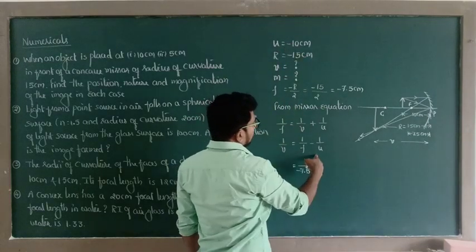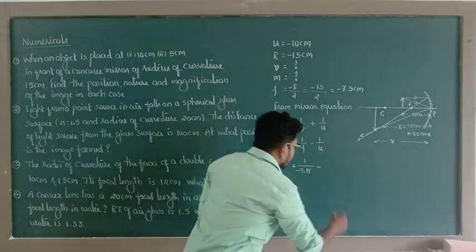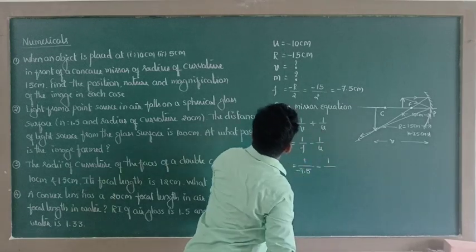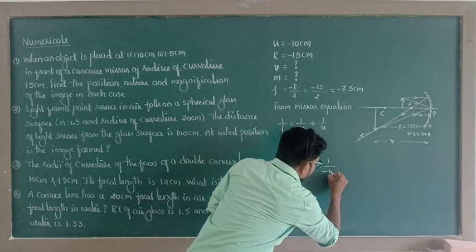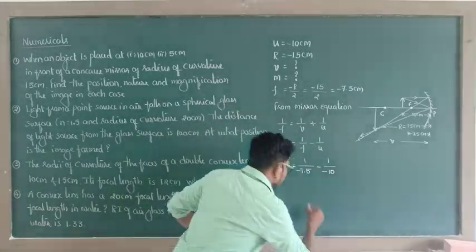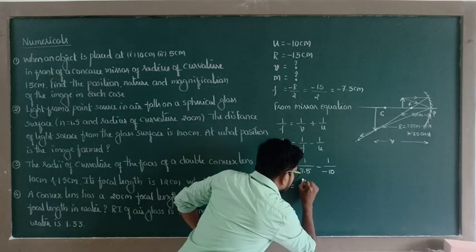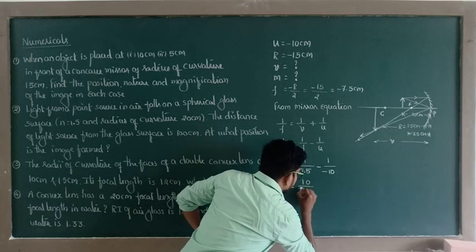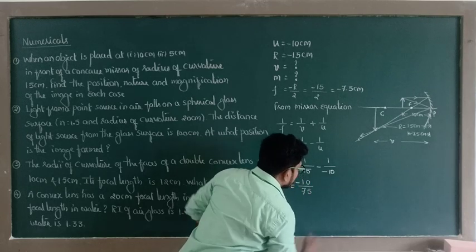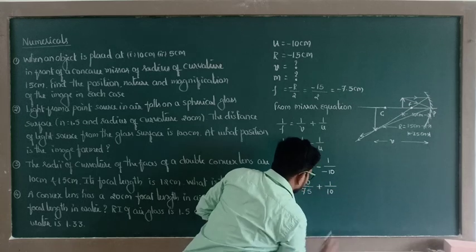So u is minus 10 centimeter, and minus into minus is plus. If you want, you can write one more step: divided by 1 divided by minus 10 centimeter. Now this is equal to 1 divided by 7.5, or we can write 10 divided by 75, minus into minus plus 1 divided by 10.